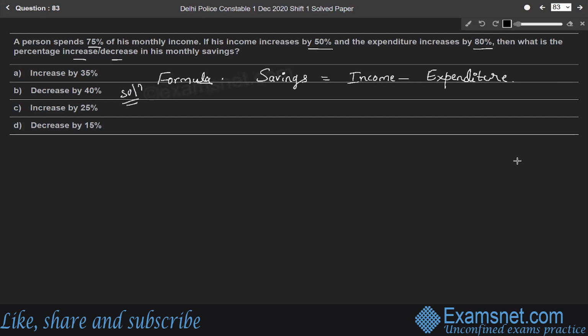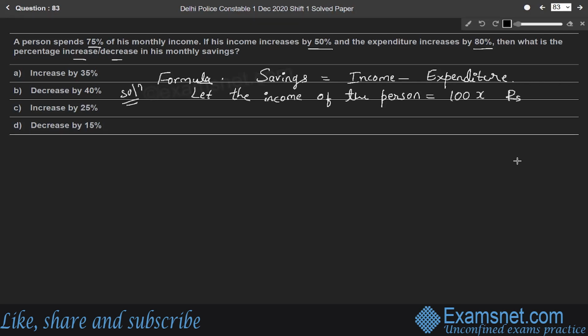So let the monthly income of the person be 100 into X rupees. The unit is rupees.